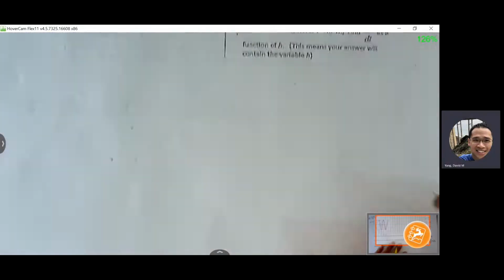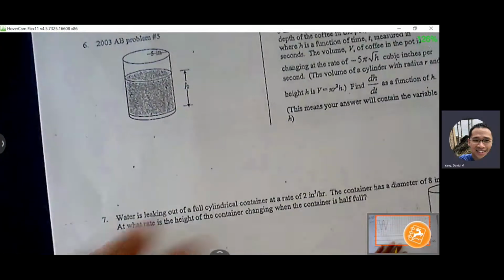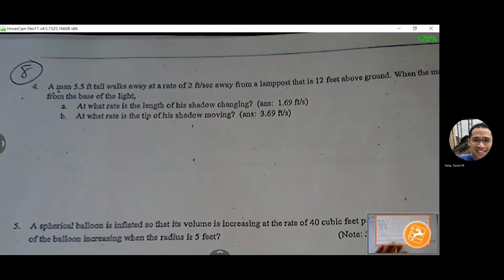Okay, if we can turn back to page 8. So this is the last new thing that I want to go over before we look at the review.